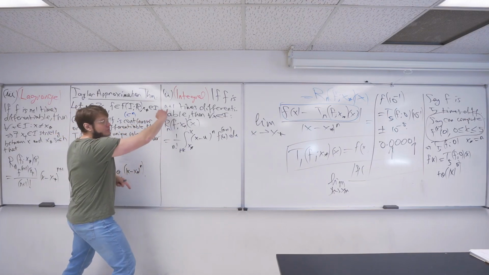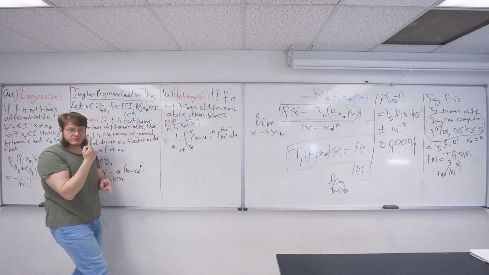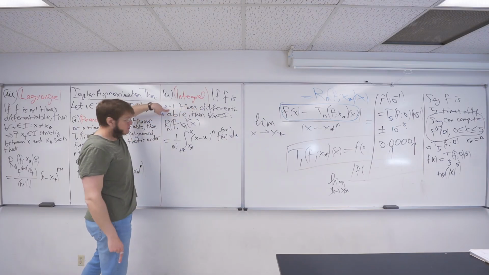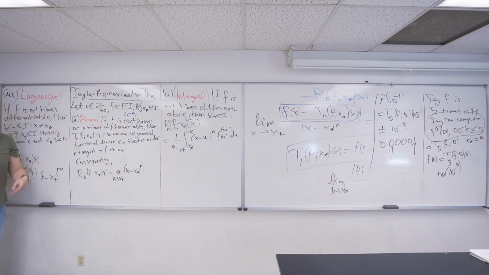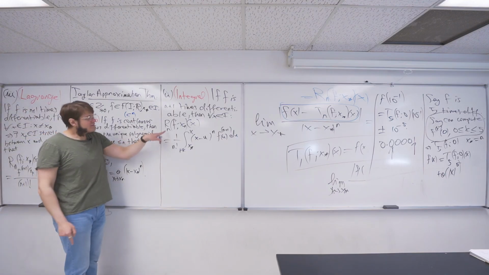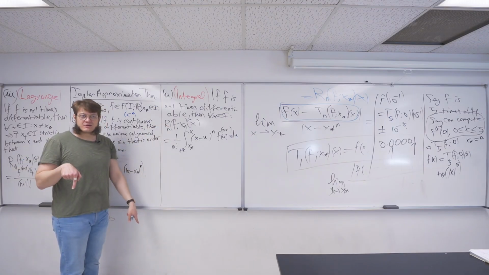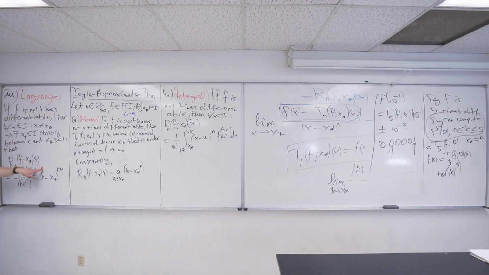I'm going to expand all the way up to n, and then the remainder is going to be once differentiable. So if f is n plus 1 times differentiable, R sub n is going to involve at most the nth derivative of f. Consequently, R sub n, this remainder function itself, will be once differentiable. That I'm going to use to turn into explicit formulas.